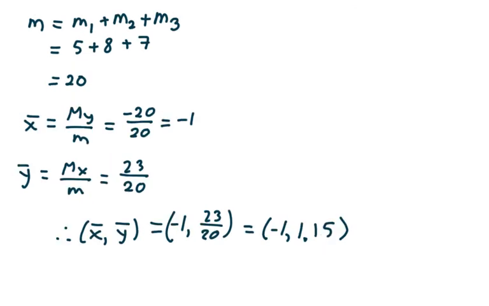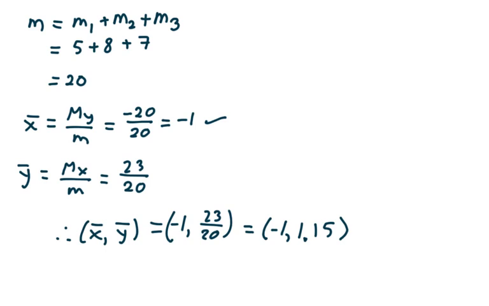The mass m, little m, is m1 plus m2 plus m3, which is 5 plus 8 plus 7, which is equal to 20. So x bar is equal to m sub y over m, which is -20 divided by 20, which is -1. Y bar is m sub x over m, which is 23 divided by 20.